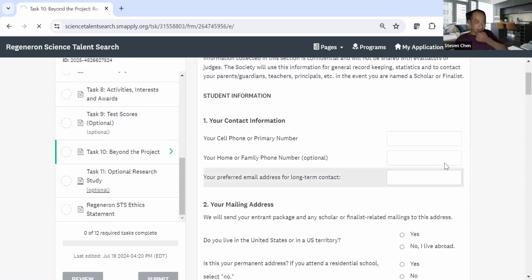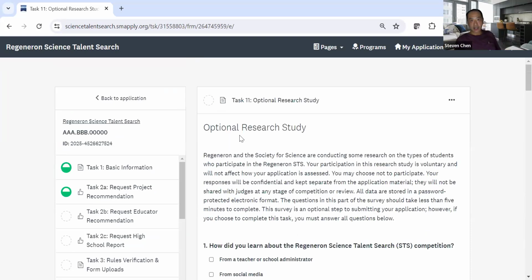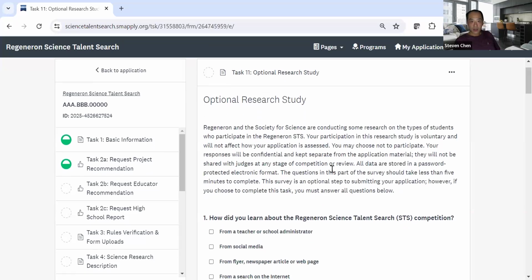Then task 11, optional research study. Let me clarify this word. Research doesn't mean it's about your research, but it is for STS to collect your additional information and do some statistical analysis on their side. It's about their research, not about your research. Sounds good?